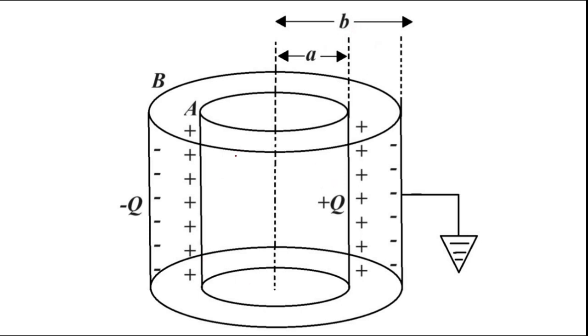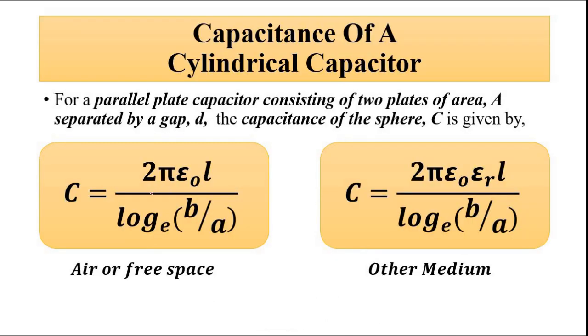There is a positive charge plus q on the outer surface of the inner cylinder A, which induces a negative charge on the inner surface of the outer cylinder B. The positive charge which develops on the outer surface of cylinder B is earthed, so it goes down. So we are only left with these two conductors with opposite charges of equal magnitude behaving as a capacitor.